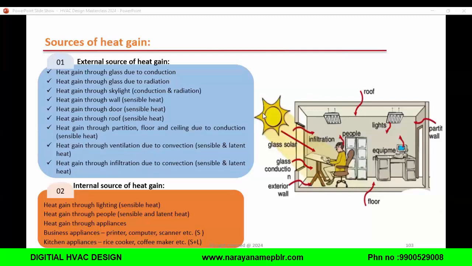So to remove any bad smell and provide fresh air from outside. Air contains moisture, so what type of heat will generate? Sensible and latent heat. The same here, infiltration also. For infiltration, make a note: unwanted air which enters through door or window is infiltration. Clear?